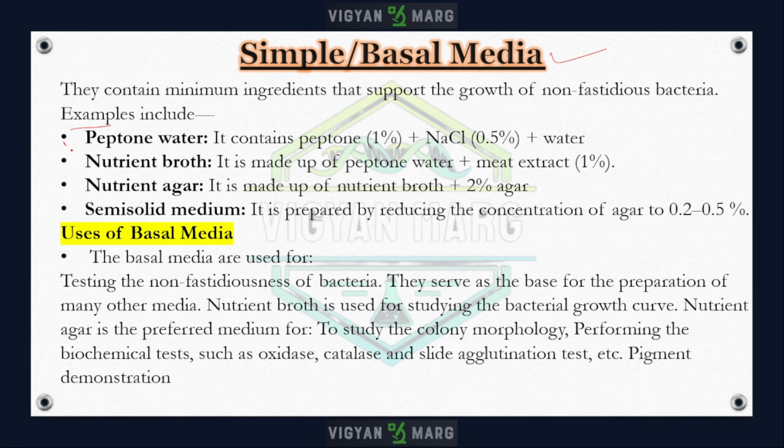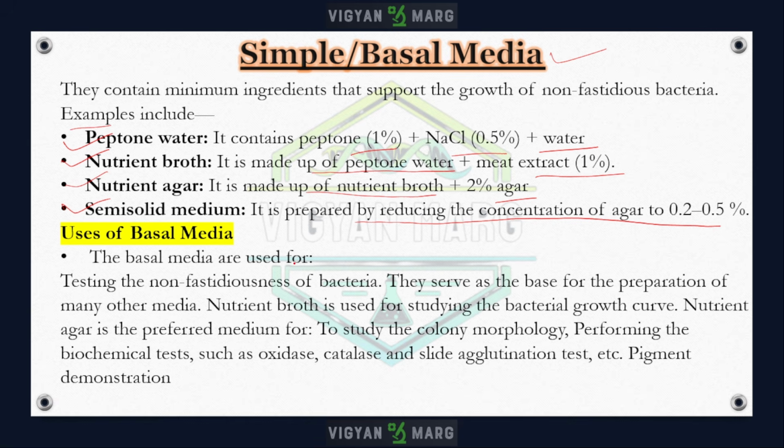Examples include peptone water, which contains only 1% peptone, 0.5% sodium chloride, and water. Another is nutrient broth, made up of peptone water and 1% meat extract. And nutrient agar is made up of nutrient broth and 2% agar. And semi-solid medium is prepared by reducing the concentration of agar to 0.2 to 0.5%.